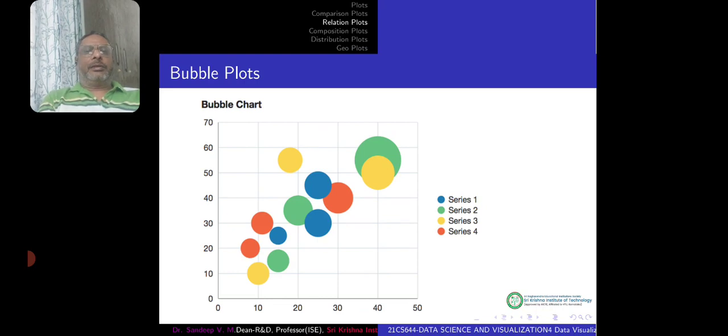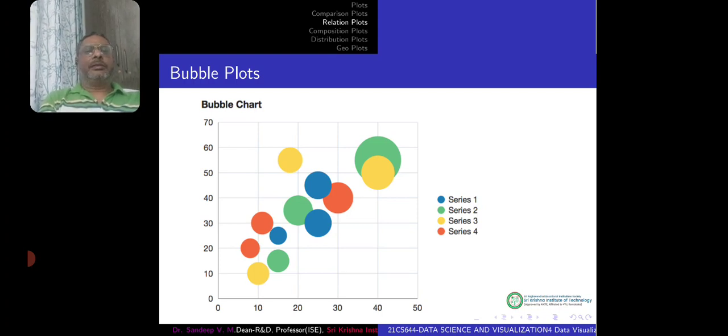Same case with the red also, and in red and green, if you look carefully, it looks like some exponential curve, or some non-linear curve, not a linear one. But if you look at yellow, then it has a different meaning.